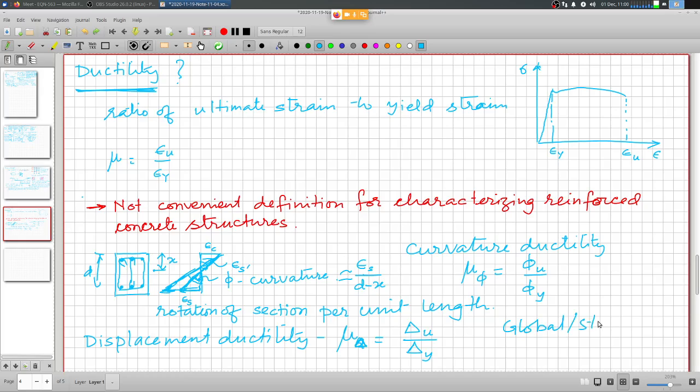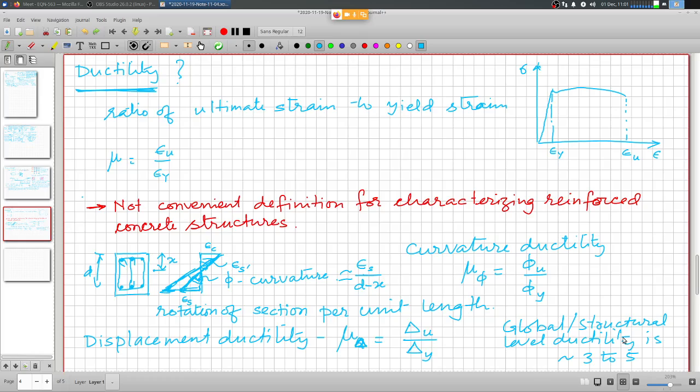Global or structural ductility is of the order of 3 to 5. It's rare to have structural level ductility more than 5. It's very, very difficult to achieve.